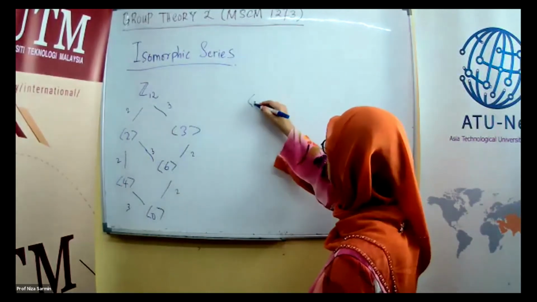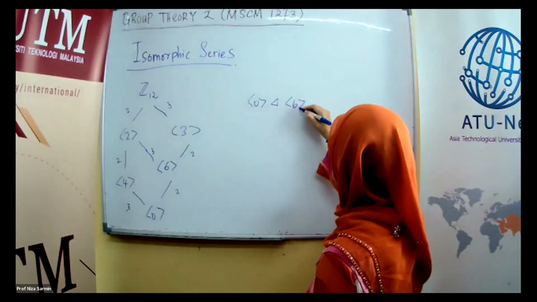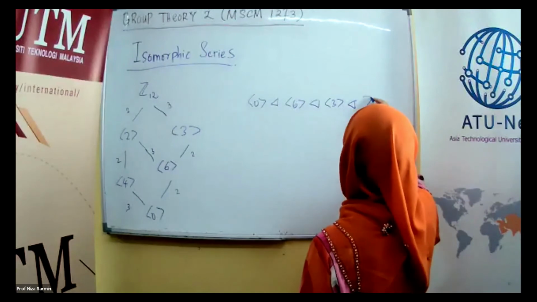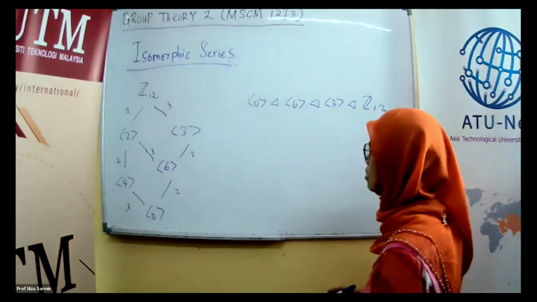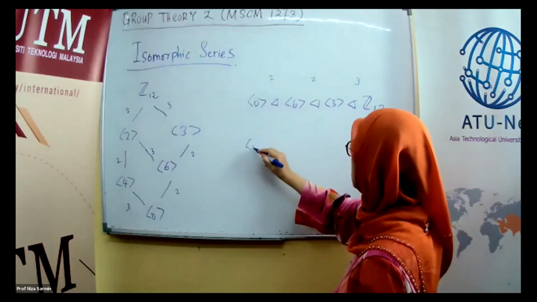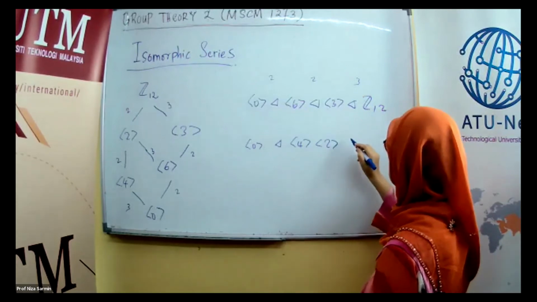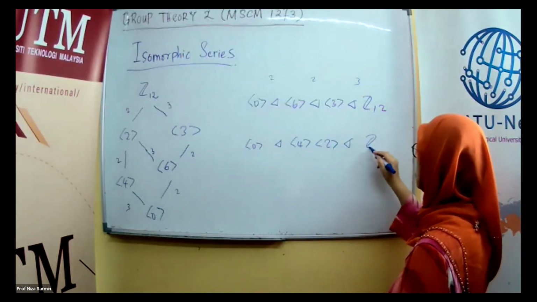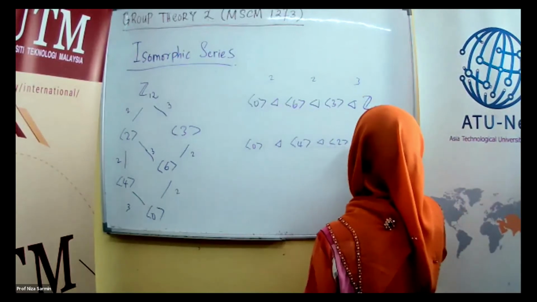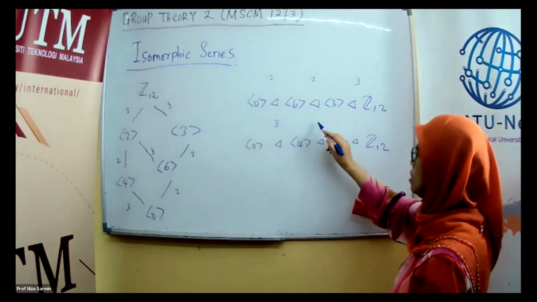So you can take, okay, so here we have 2, 2, 3, isomorphic 2. Okay. This is what just now, 3, 2.